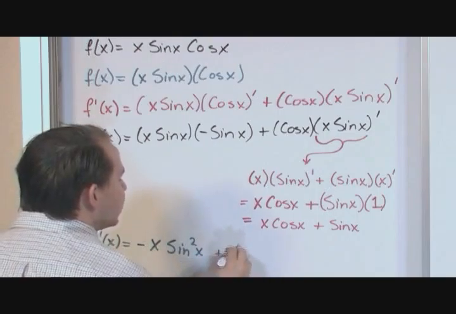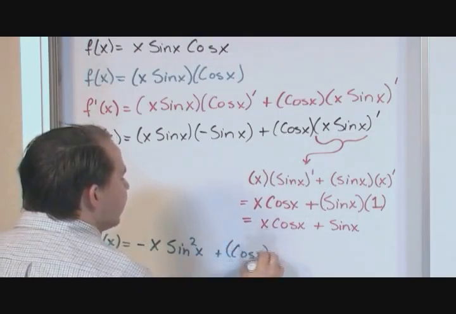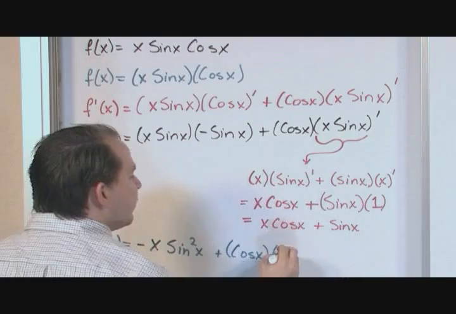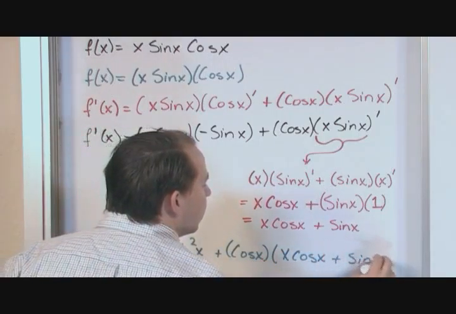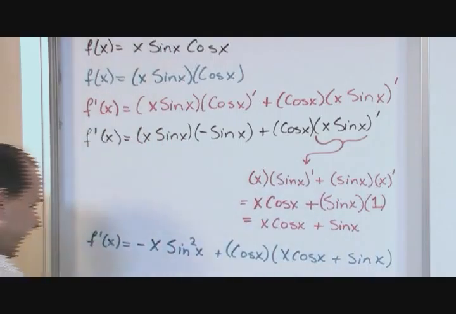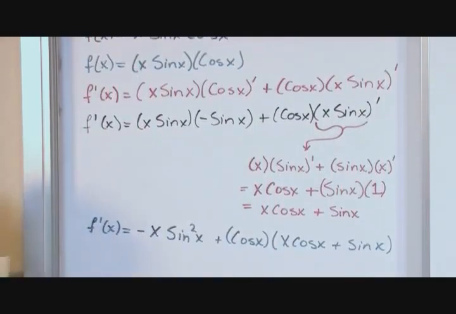Next I'll have plus cosine of x. And just to keep it straight, we'll open a parentheses and write this in, which was x times cosine x plus sine x. And so the only thing really left to do is rewrite these terms.